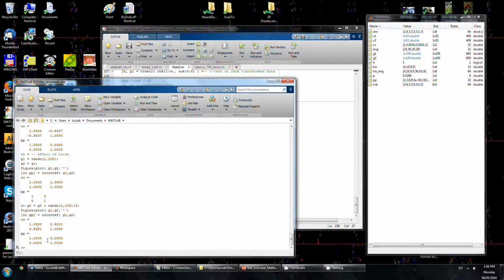It shows if the correlation is significant, and here the p-value between G1 and G2 is 0, so this is a highly significant correlation. Here, because it is the same variable, it is just saying 1.